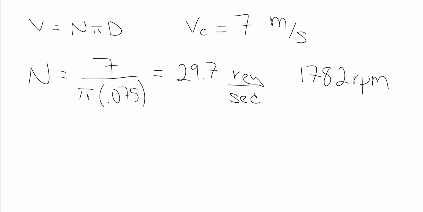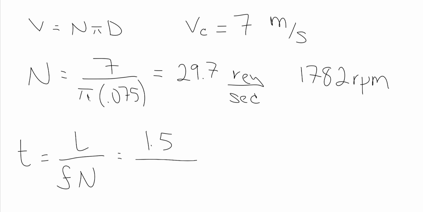Now we're ready to plug into the time formula, which recall is L over Fn. Let's plug in. L remains the same, 1.5. Our feed remains the same, 0.002. Multiply that by our N, which is 1782.